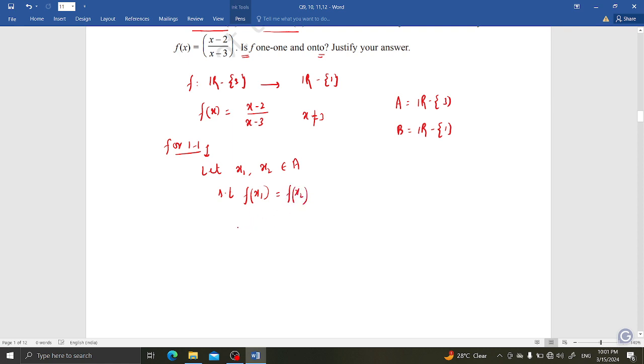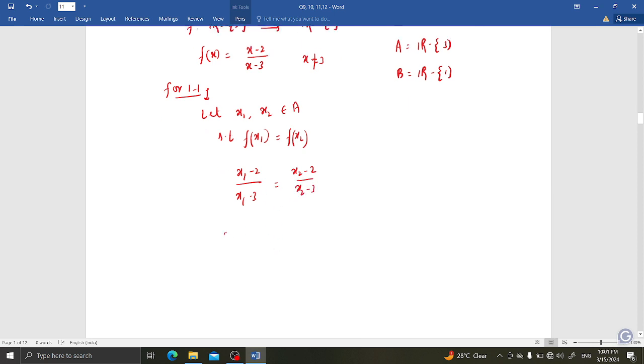Now what is f of x1? By the definition, x1 minus 2 upon x1 minus 3, and here we have x2 minus 2 upon x2 minus 3. Now we need to do cross multiplication: x1 minus 2 times x2 minus 3 equals x2 minus 2 times x1 minus 3. Clear?